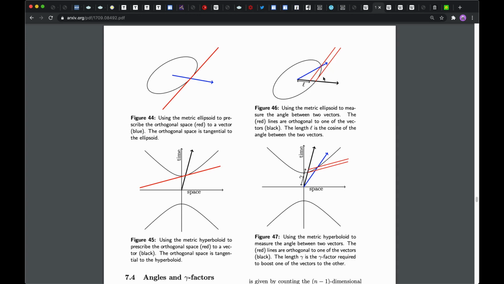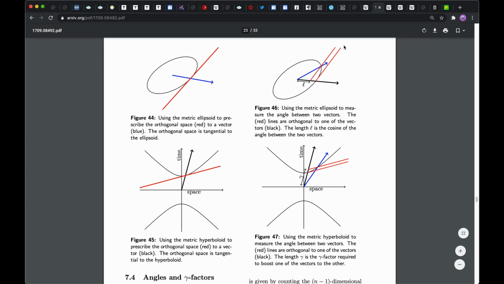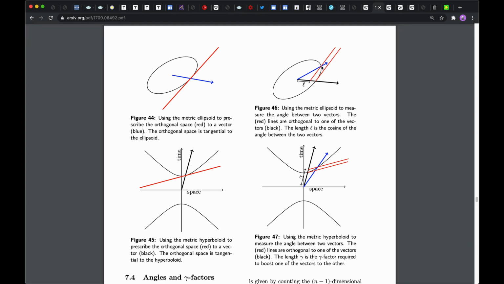To measure the angle, we need to take the orthogonal complement to one vector and then shift it to the point where the other vector intersects the same equidistant surface, and therefore you will obtain a projection of the blue vector on the black vector, that distance L here, and that distance L, the projection, will be the cosine of the angle between the two vectors.